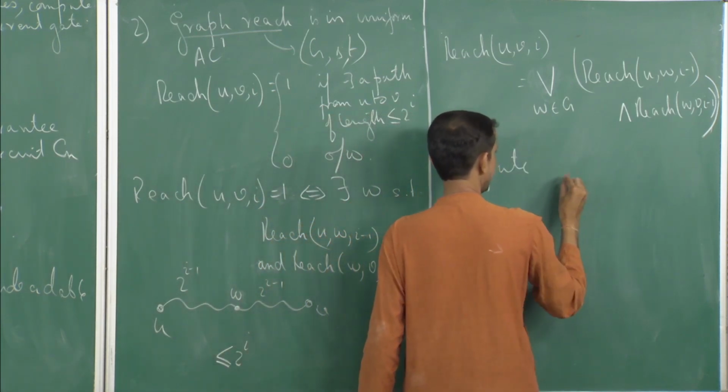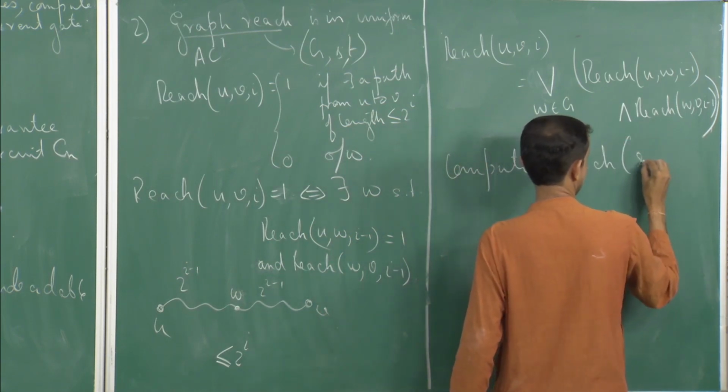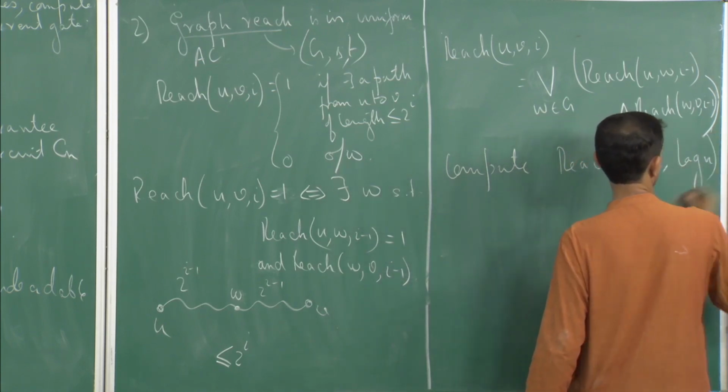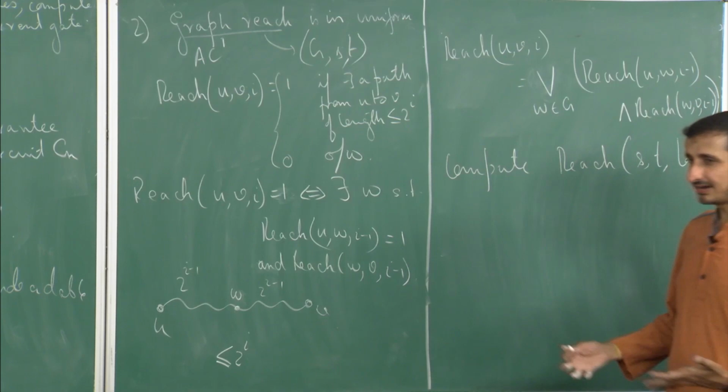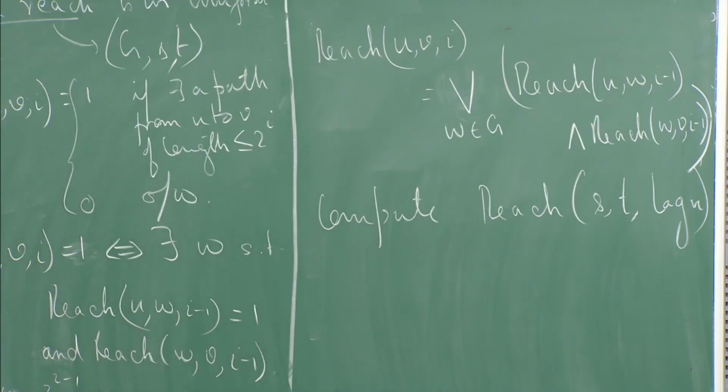So, what we need to compute is reach of S T and log n. Why log n? So, n is the number of vertices. Any graph, the maximum length path in any graph is at most n minus 1, which is less than 2 to the power log n.